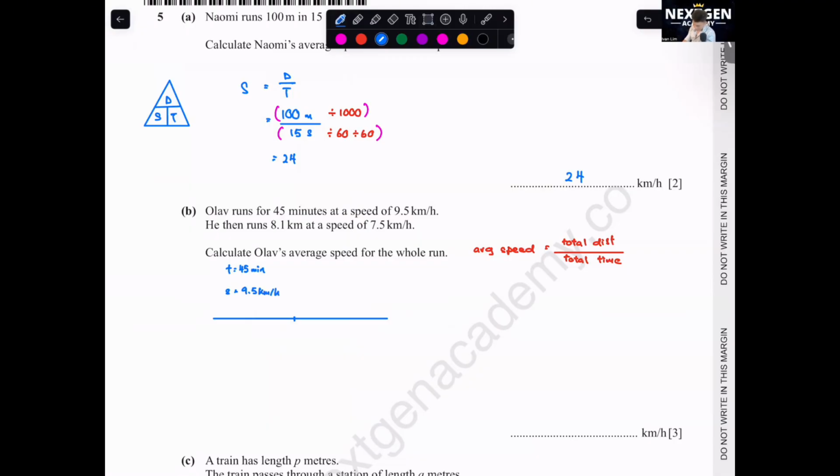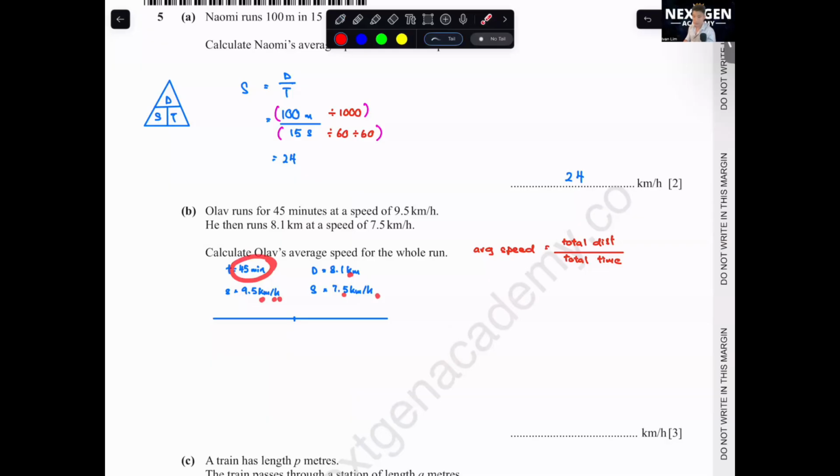The second part, they gave distance is 8.1 km. Speed is 7.5 kilometers per hour. Both are giving 2 different units. What do we need to find here? They want us to find average speed for the whole run, and look at the final unit, it will be in kilometers per hour.